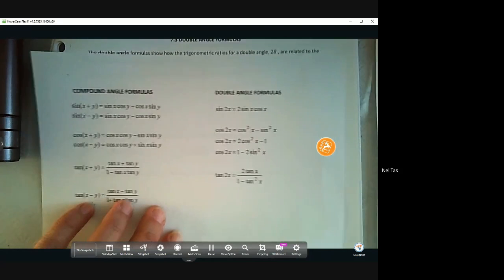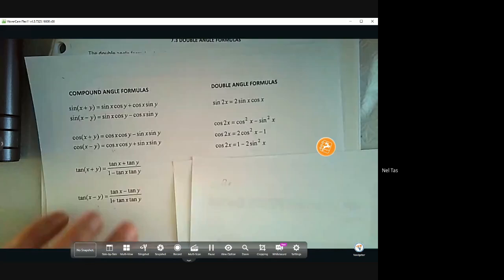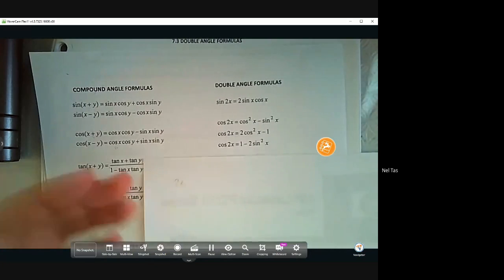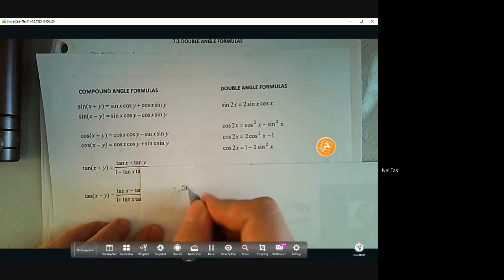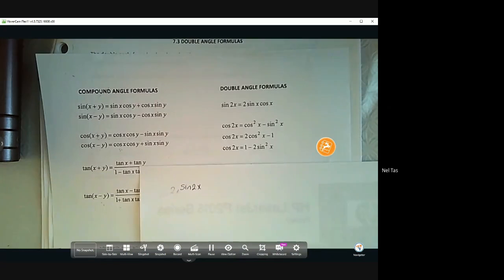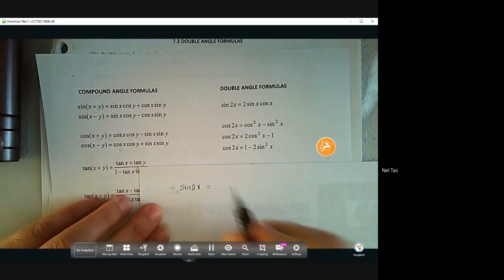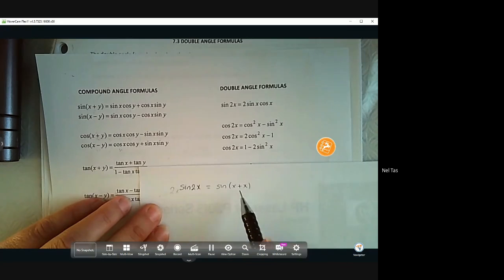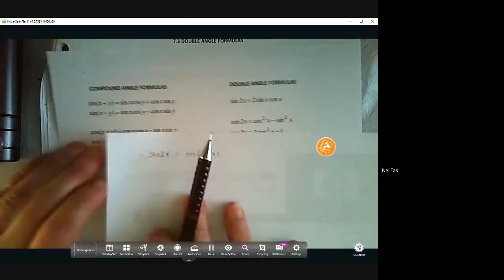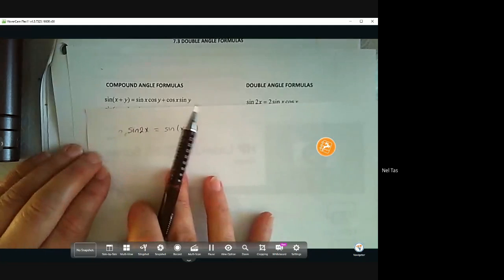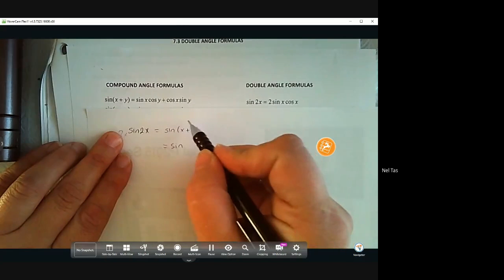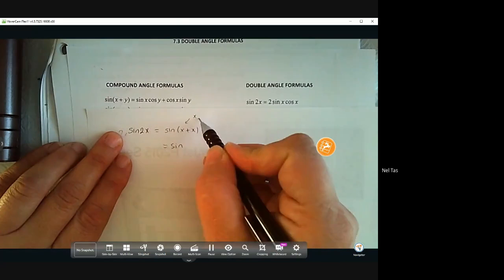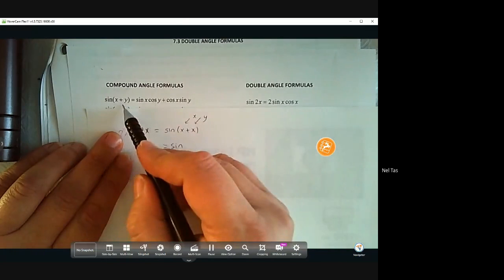So maybe I will show you how they got these formulas using the compound angle formulas. For example, sine 2x, we can write this as sine x plus x. Now, if we apply the sine x plus y compound angle formula, x is x, but y is also x.